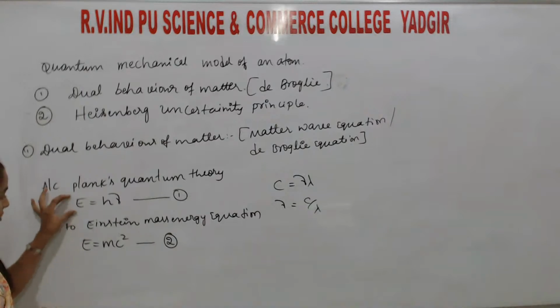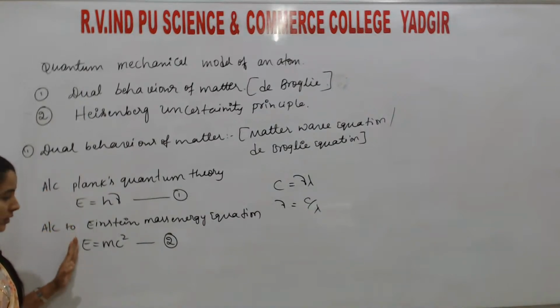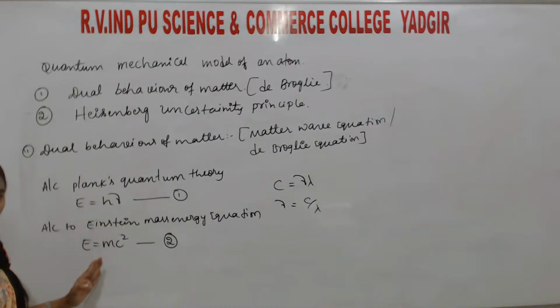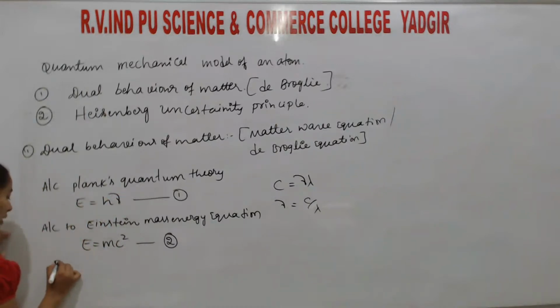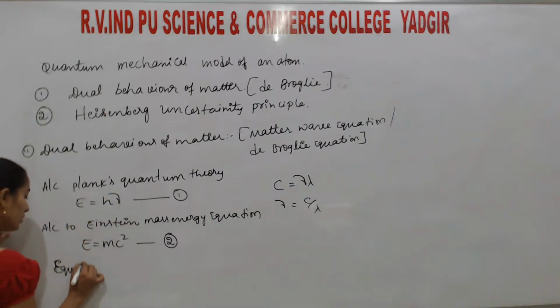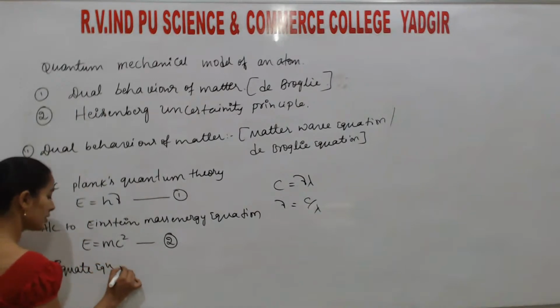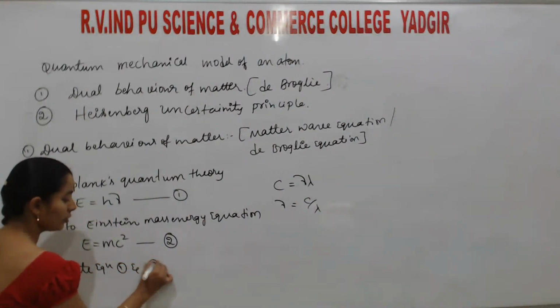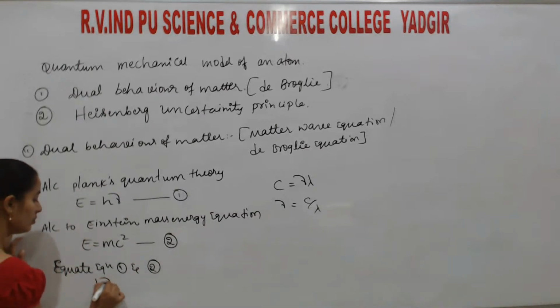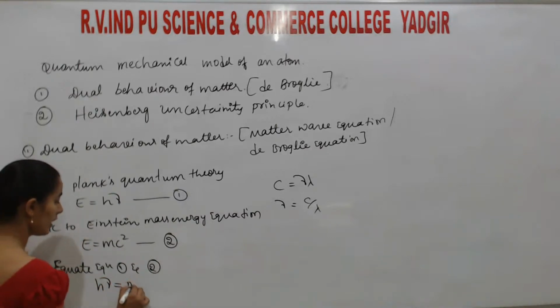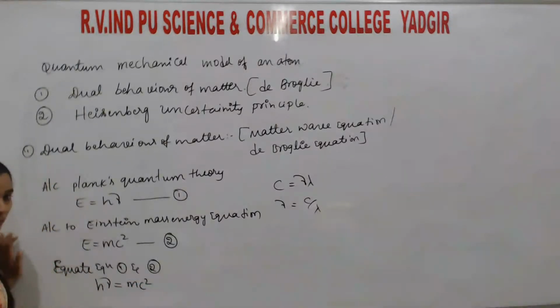So compare equation 1 and 2. The left hand side E is the same, so then the right hand side we may equate. Left hand side is same, then right hand side is also same. So from our equations 1 and 2, what happens? h nu is equal to mc square.